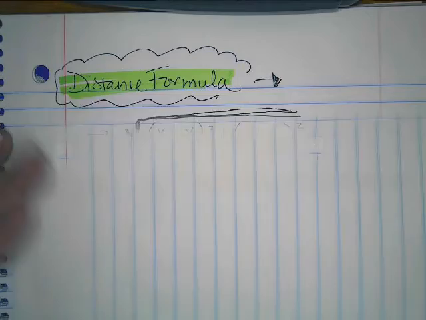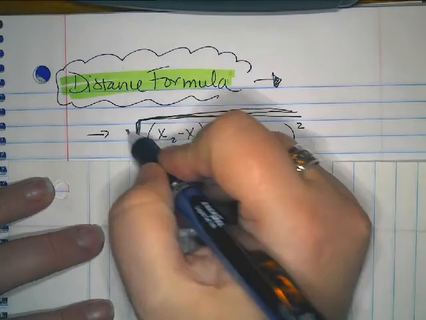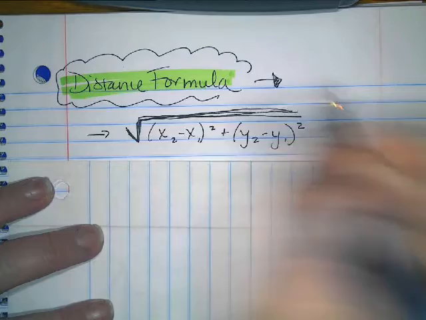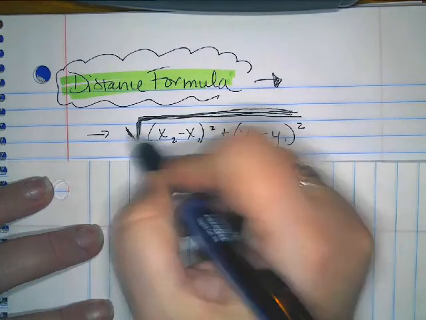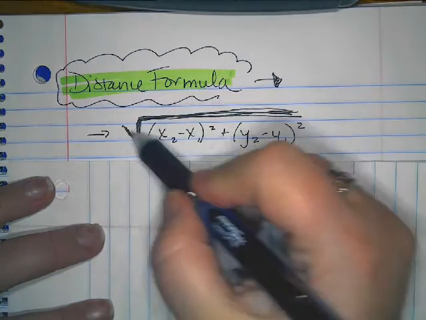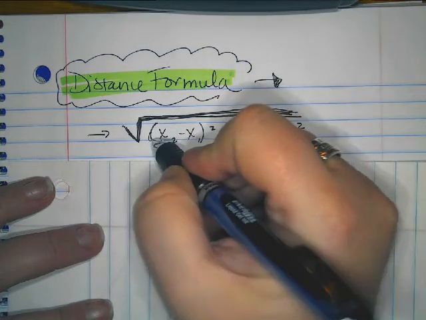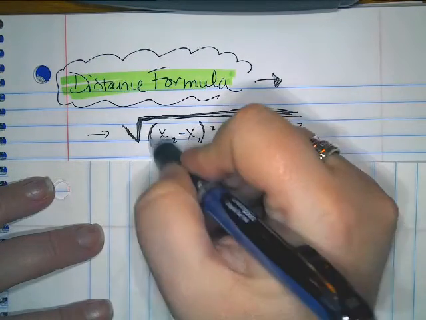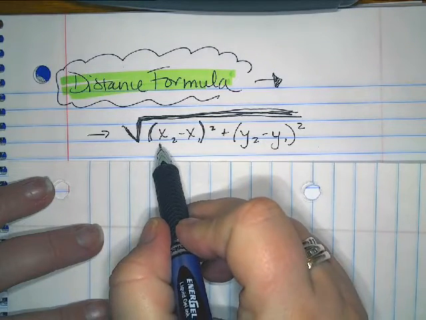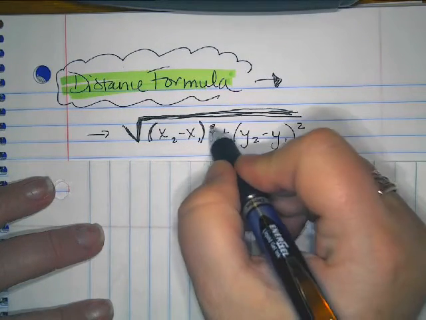So here's what the distance formula looks like. It's kind of like a squared plus b squared equals c squared. I was trying to make this darker, and it got a little crazy. But this is a big radical, a big square root sign. Inside of it you can see this parenthesis, where I'm going to take the x's and subtract them, and then square them.